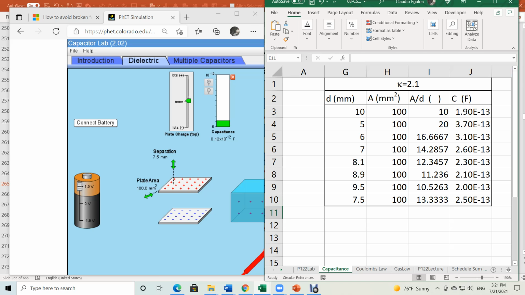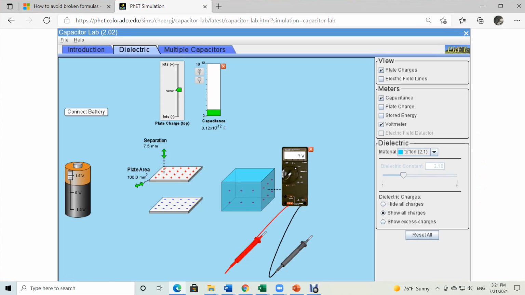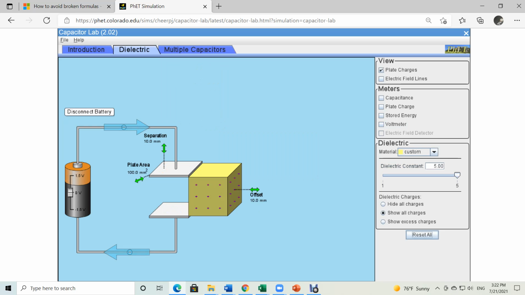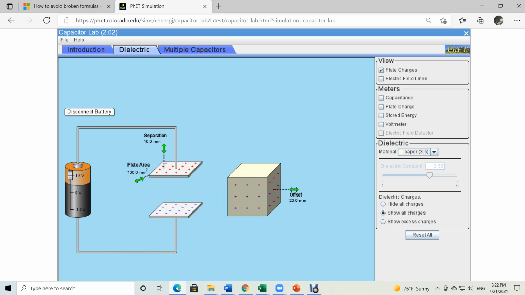Now we're going to do another material. We're going to do paper, a block of paper. Let's reset it all. Yeah, custom paper, good. 1.5 volts, good.